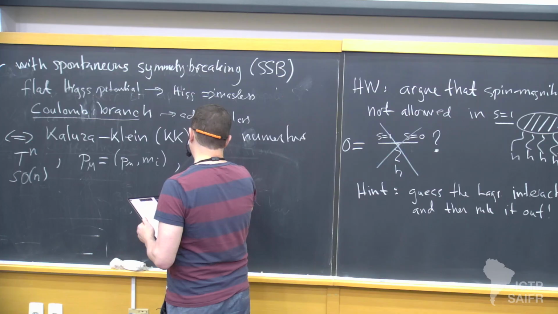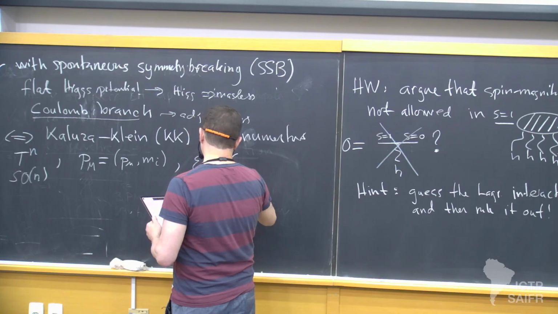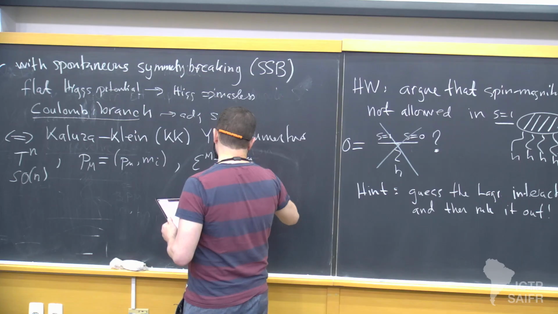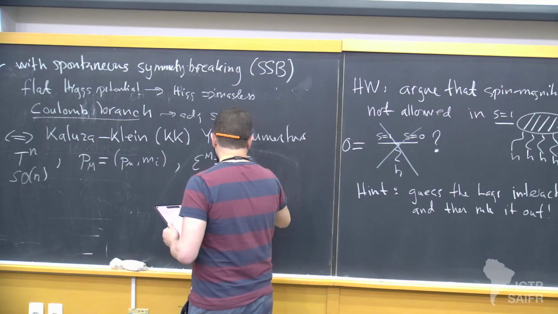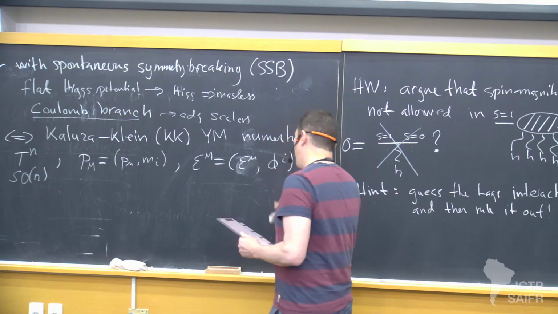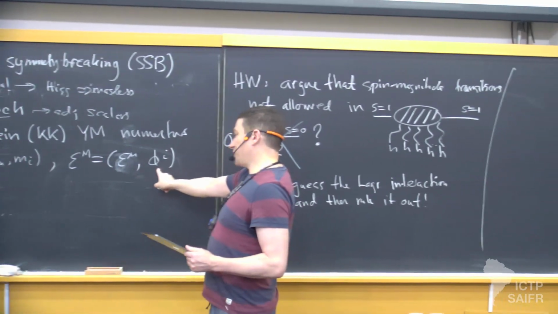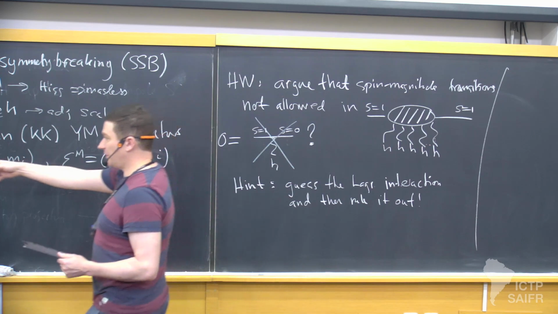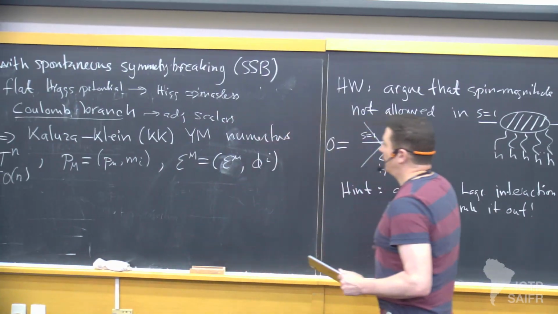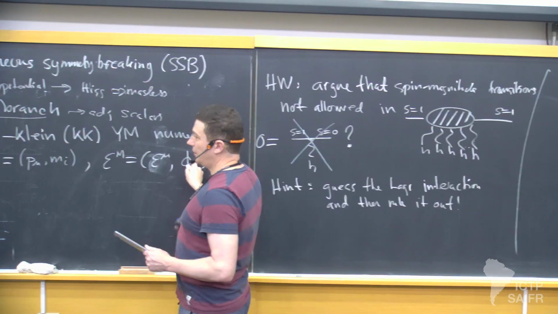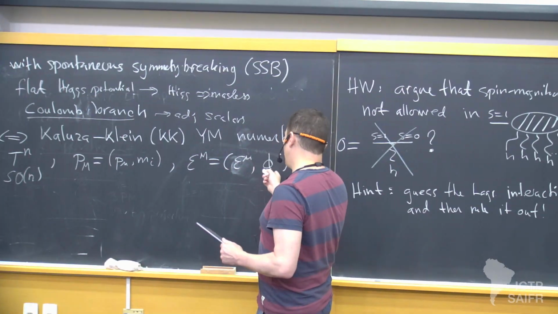The polarization, similarly, you just decompose into external space polarization and then internal space polarization. Let's call this polarization of the scalars the same as the scalars. Obviously, it's not a field, but for lack of notational imagination, I'm just going to call the polarization of the scalars the same as the scalars themselves.